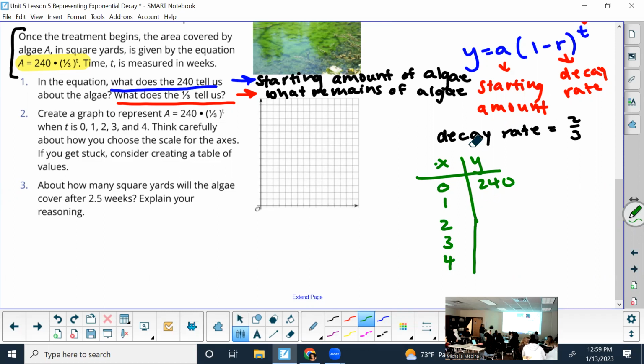Because Y is for area. T is for time. What's the area of the algae at 1 hour? All right, and class, if you disagree, just jump in at any time. Table 7, what is the area when the T is 2?